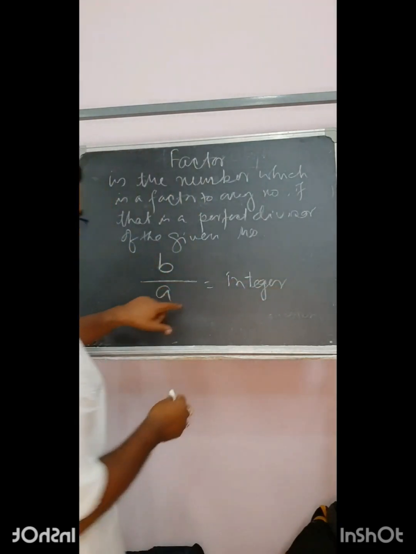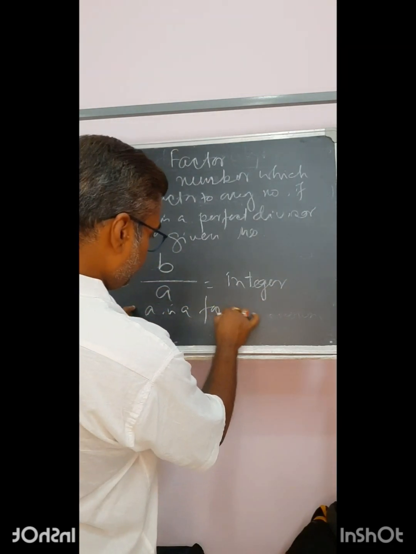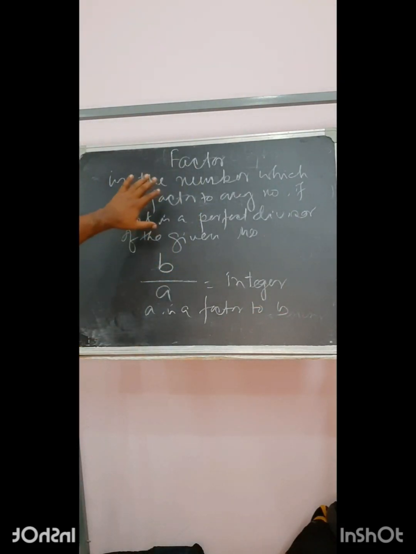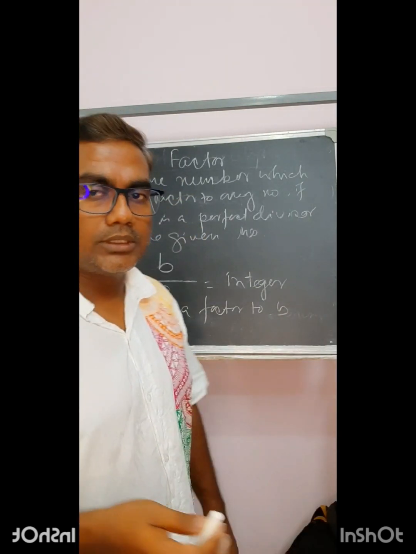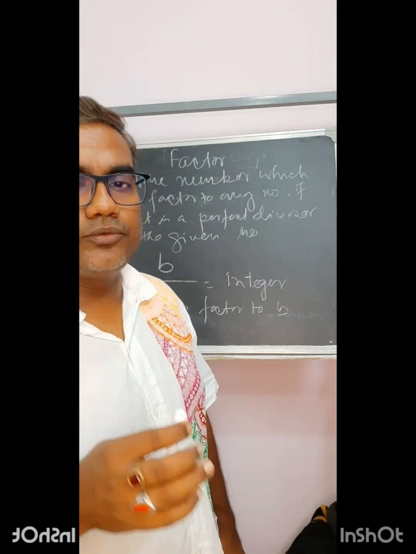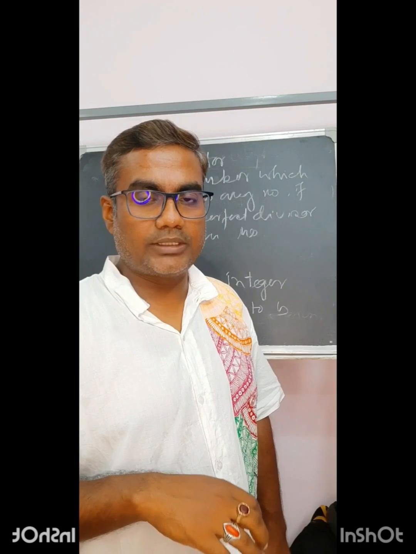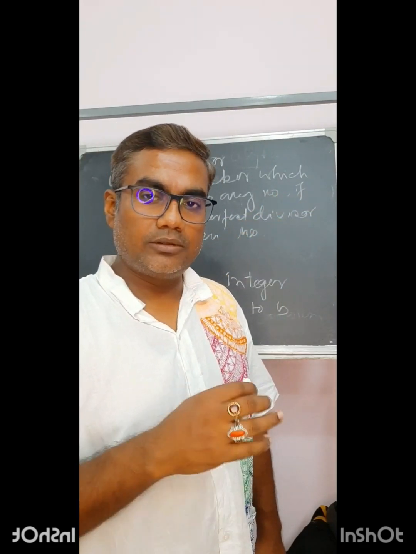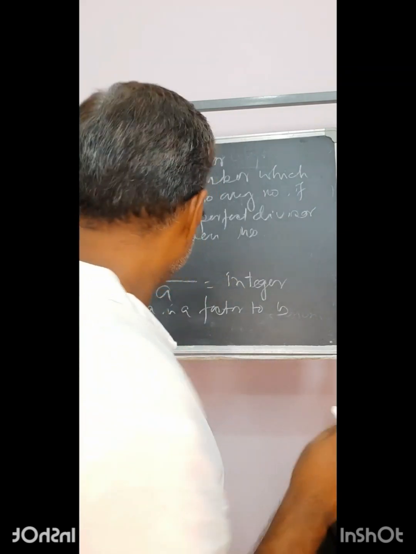If it is an integer, then we can say a is a factor to b. Understand? So the definition says the same thing. If I say that any number is a factor to any other number, then it can be proved only if you divide the other number by this number and you get an integer, not any decimal or fraction. So this is the rule.